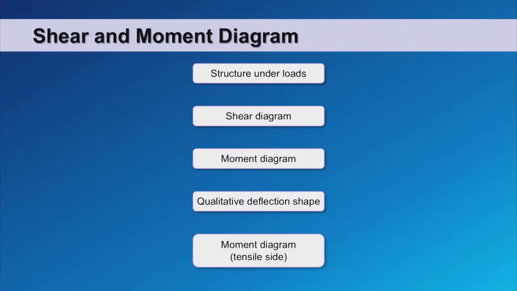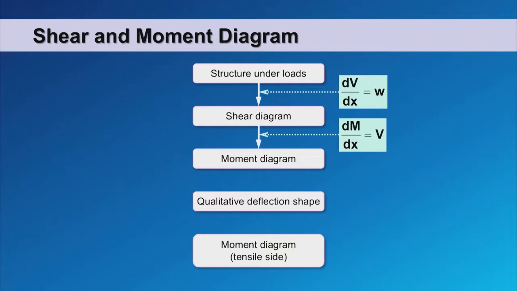So here's a summary of how you can get the shear force and bending moment diagrams. It starts from the structure under loads, and then you use dV over dx equal to W to construct shear force diagrams. And then you use dM over dx equal to shear force to construct moment diagrams. And then you use the moment curvature equation, M over EI equal to curvature, to construct a qualitative deflection shape.